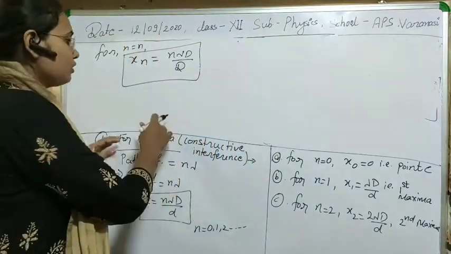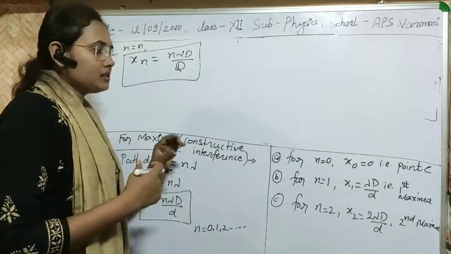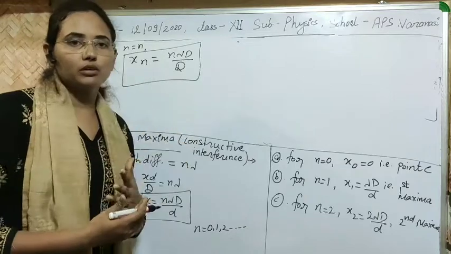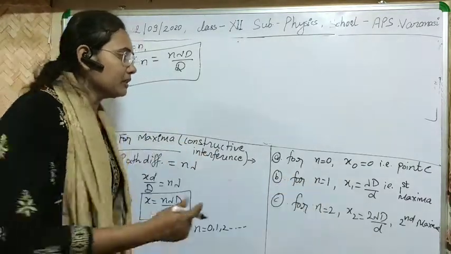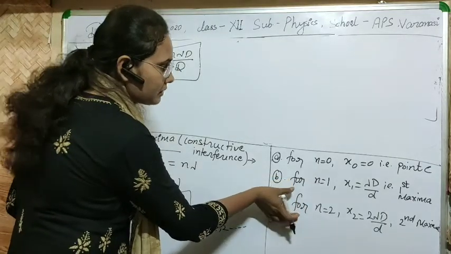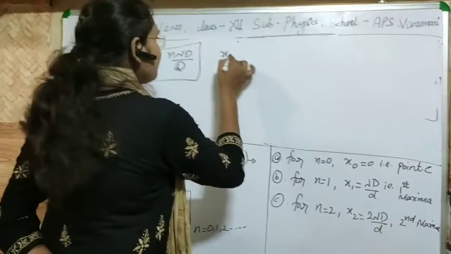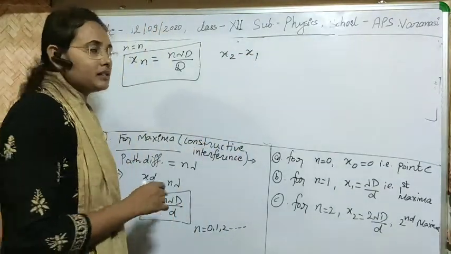So if we want to get the fringe width, meaning the distance between two bright maxima or between two dark minima, we can find it from these two equations. Simply take the difference of the first bright maxima and the second bright maxima.